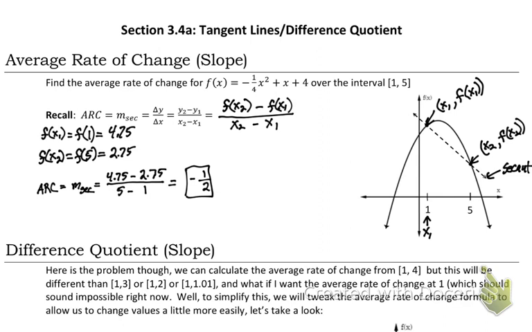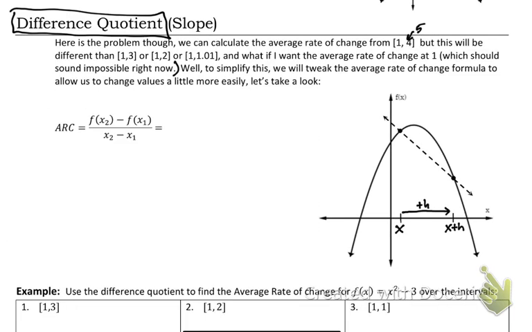I'm going to erase this, and let's say instead of calling this 5, if this is 1, we would get this distance out. We'll say it's 4, and so this here would be 1 plus 4, which is that 5 we already had. It's just a slightly different way to look at this if we don't actually know these numbers. So instead of doing x sub 1 and x sub 2, we're going to do x plus that distance, which gives us x plus h.